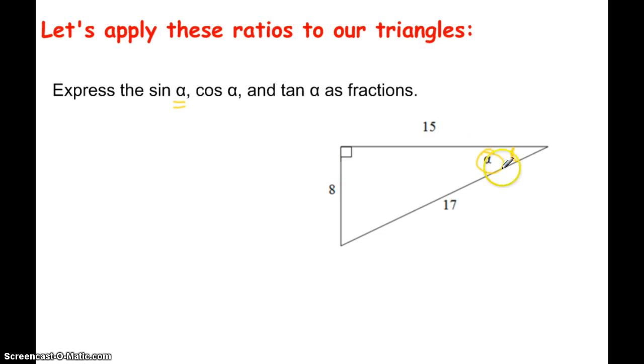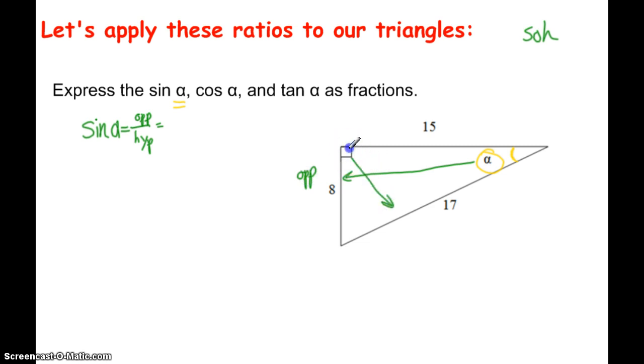So in this triangle, sine of alpha, remember your ratios, is opposite over hypotenuse. My opposite is 8. My hypotenuse, across from the right angle here, is 17.